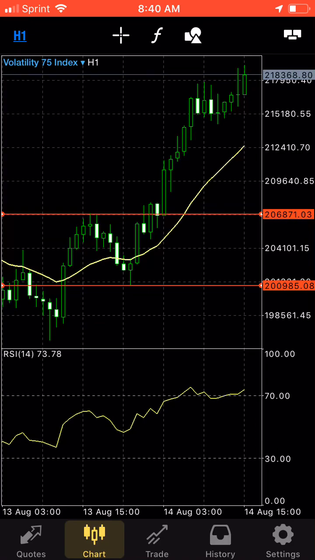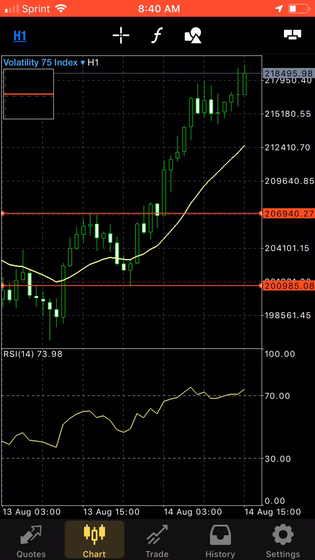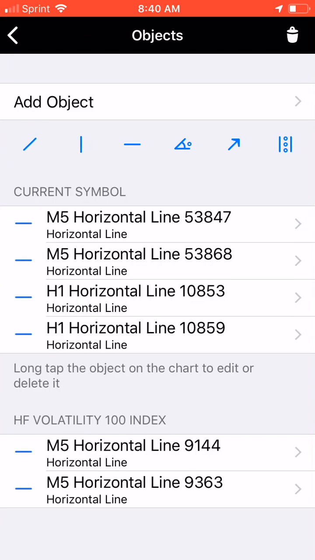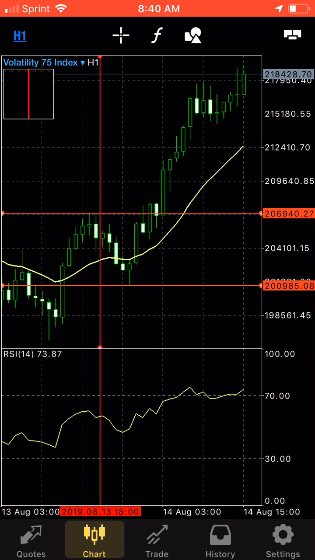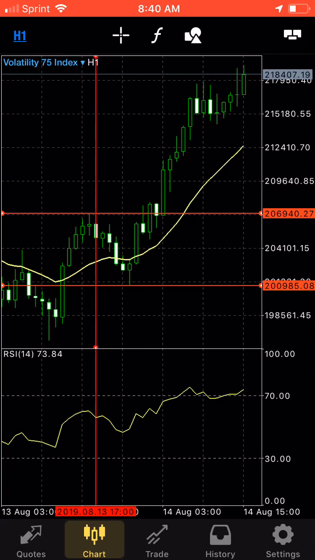But the whole point here is, when you are looking at the breakout, price broke the high that it made previously, let me show you the high. So this is the high.